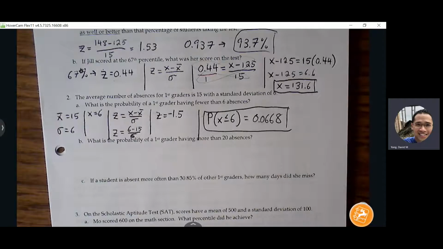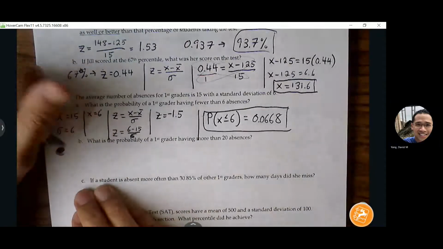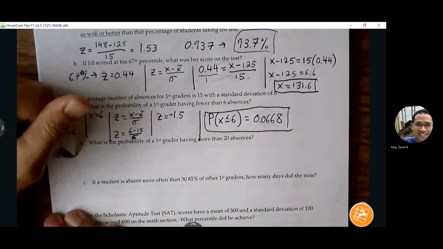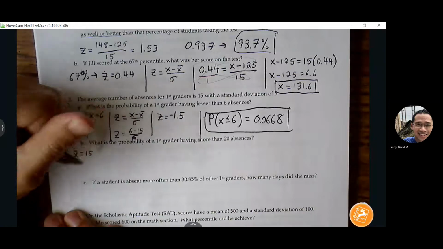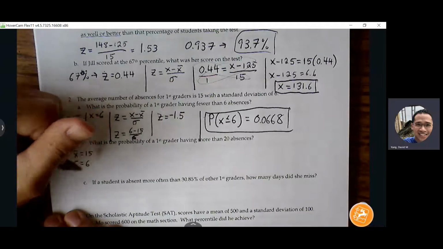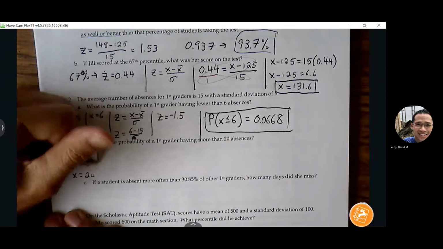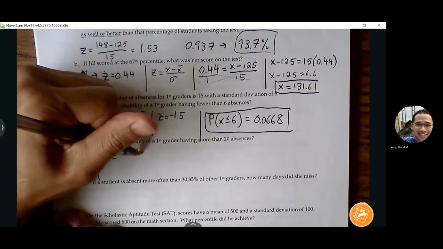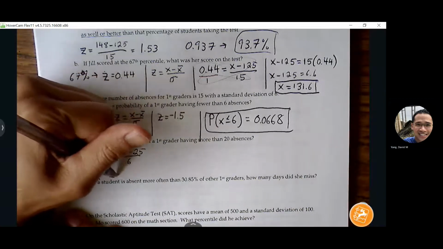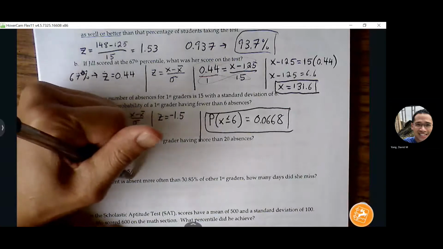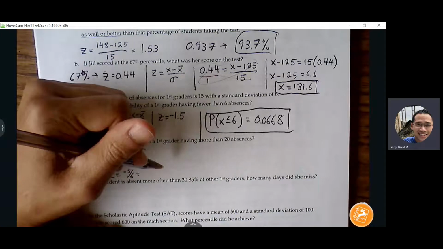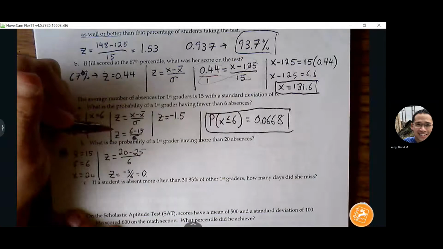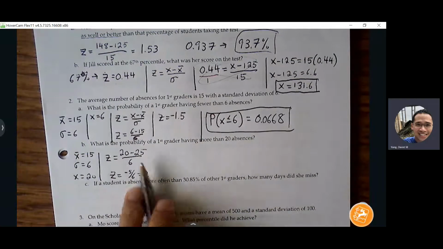Okay, part B, probability of having more than 20 absences. Same mean, same standard deviation, different x value. No, I'm sorry, 20 minus 15, not 25.